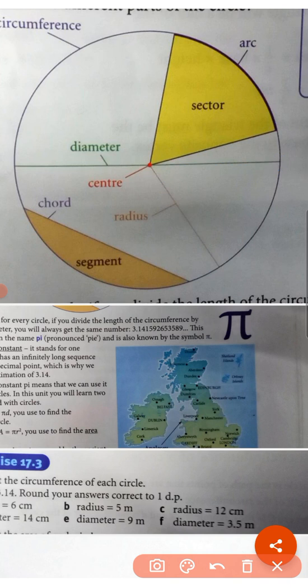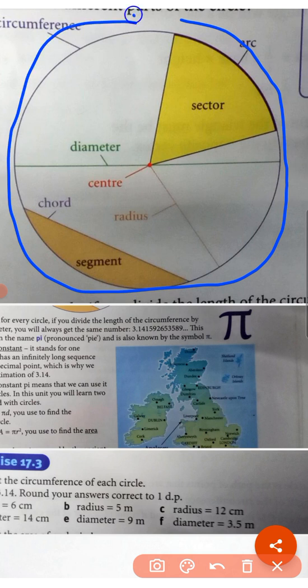Next is circumference. Circumference of a circle is the distance around a circle. Then area.